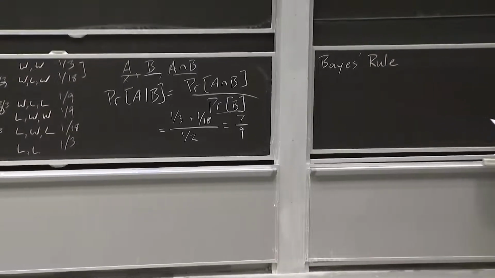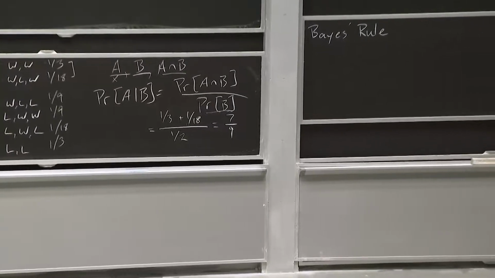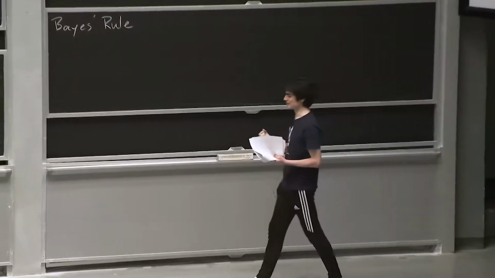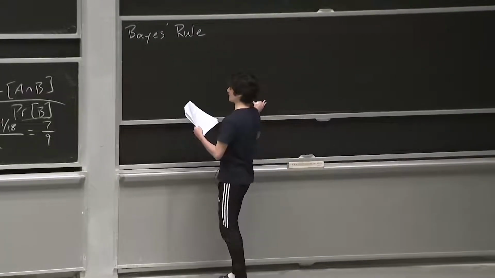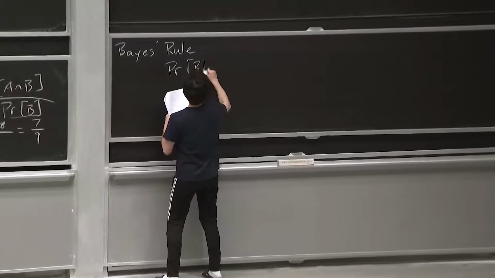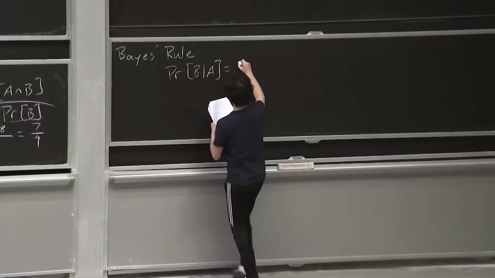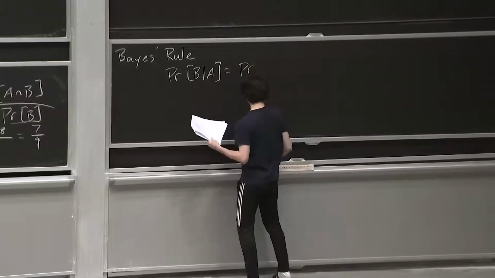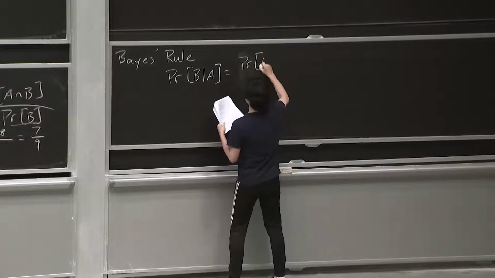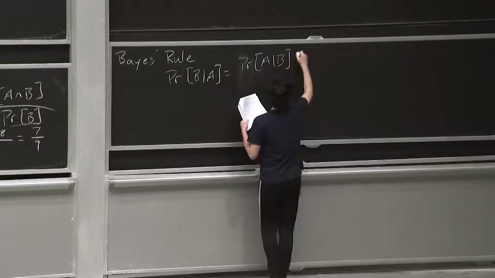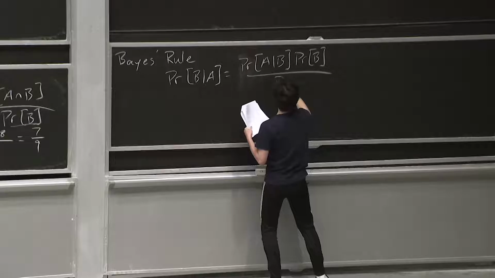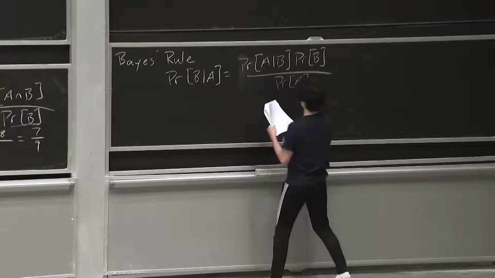Okay? This is called Bayes' rule. You can think of it as just the product rule in disguise. So the probability of B given A equals the probability, why don't I split this into two lines, probability of A given B, probability of B, divided by probability of A. Okay.